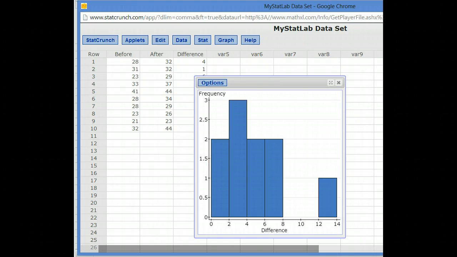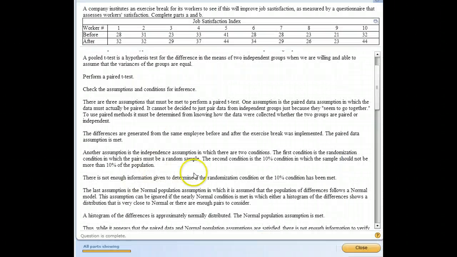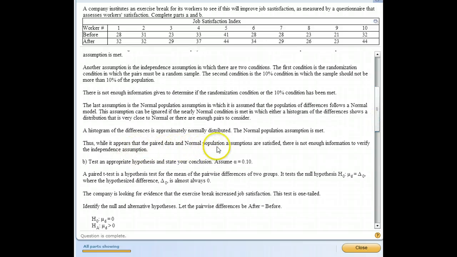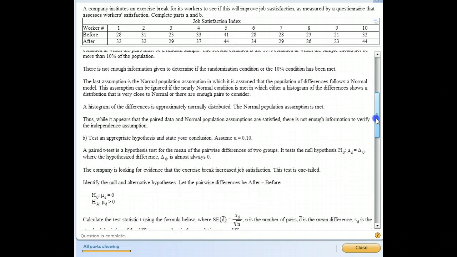Certainly it's not, but I think it's enough to assume that the difference is normally distributed. We don't have enough information to determine if the sample size meets the 10% condition, but you would mention that to show awareness of it.